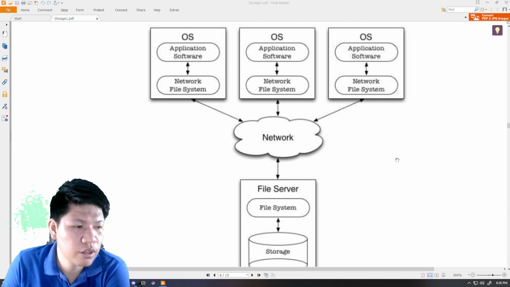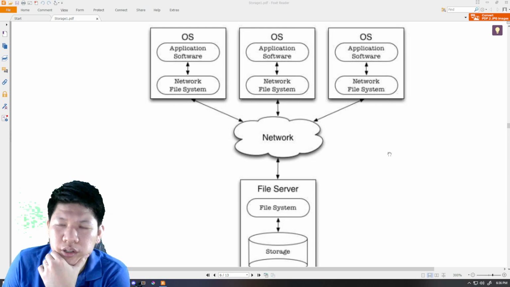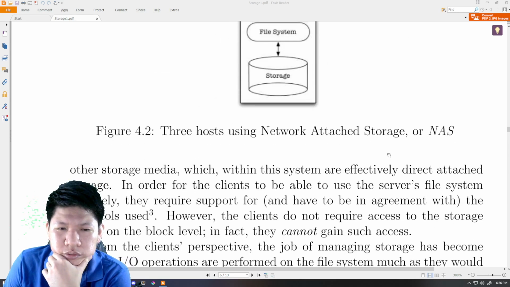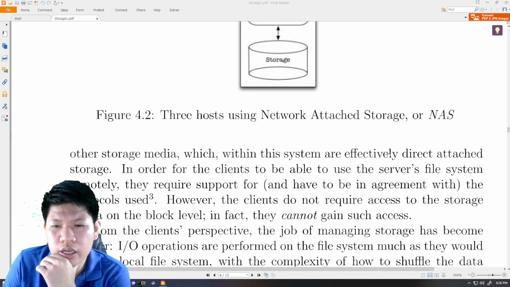So that's one good thing about network attached storage. Here are three hosts using network attached storage.